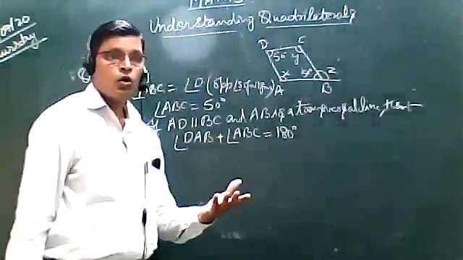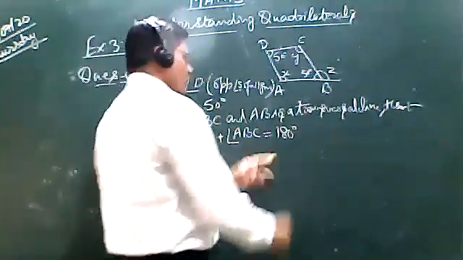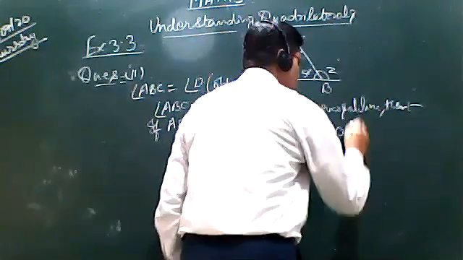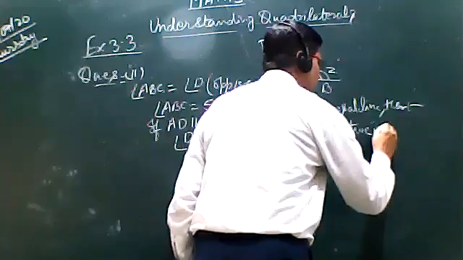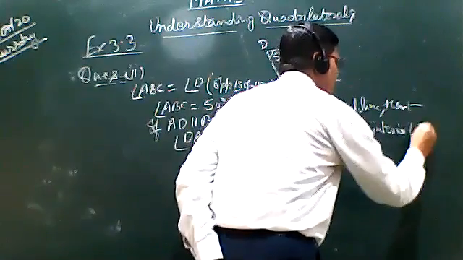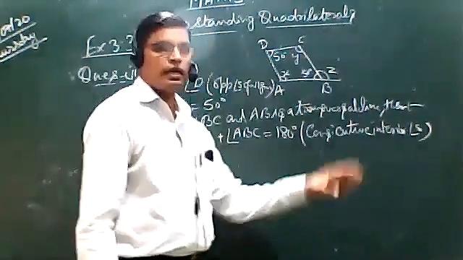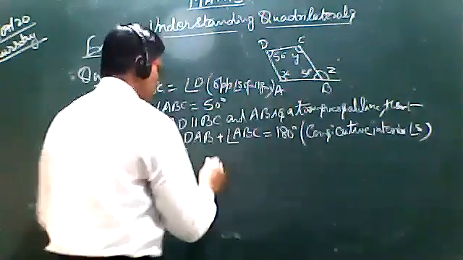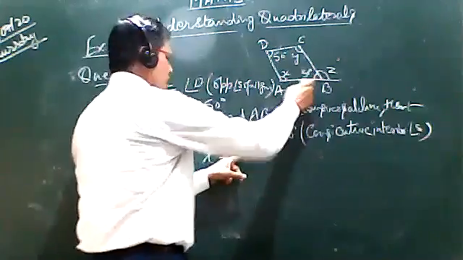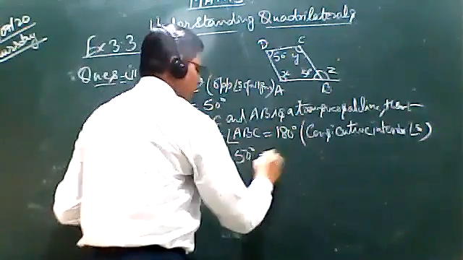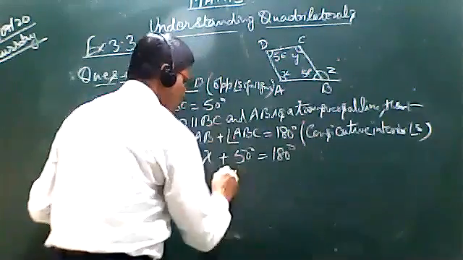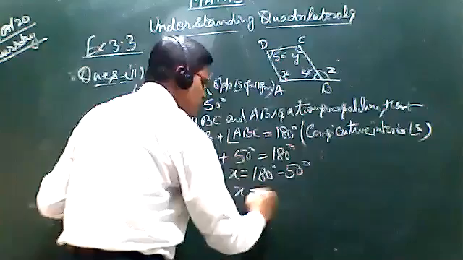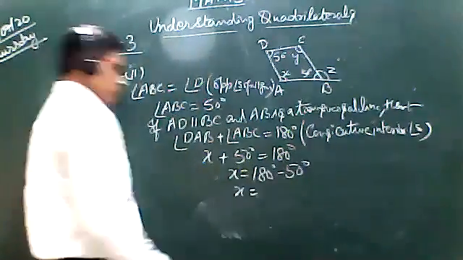Why? Consecutive interior angles. The sum of the consecutive interior angles is always 180. So here we write angle A is X plus this angle B is 50 degrees, and that comes to 180. Therefore, X is equal to 180 minus 50, and it comes X is equal to 130 degrees.